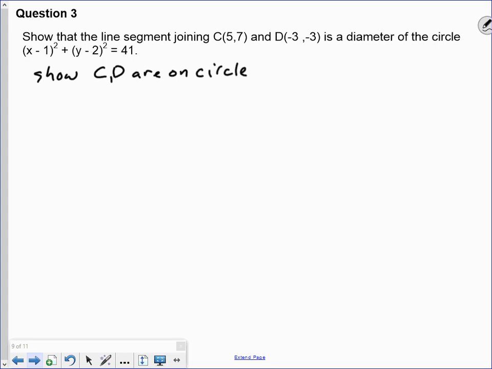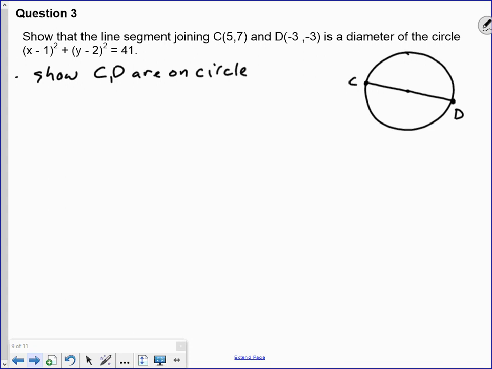Now, let's draw this. If in fact C and D are a diameter, this would be the center of our circle, and this would be point C and D like this. If in fact CD is a diameter, notice that halfway, the midpoint of this line CD, is the center of the circle.